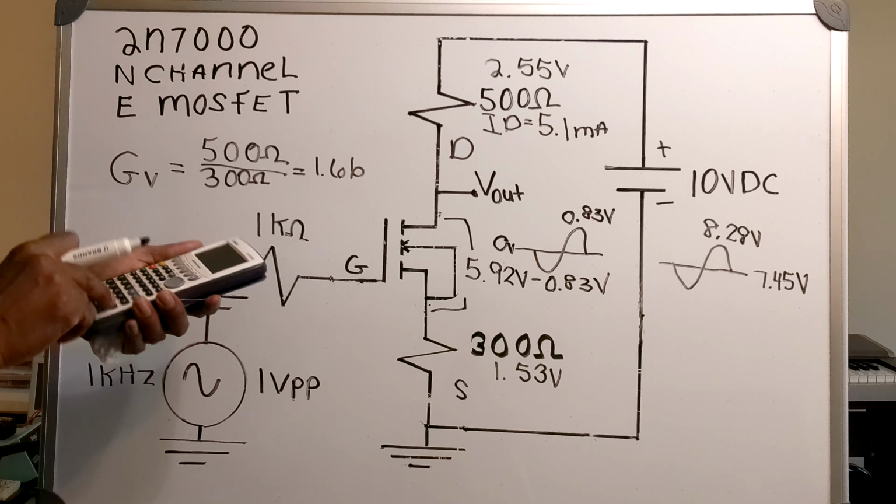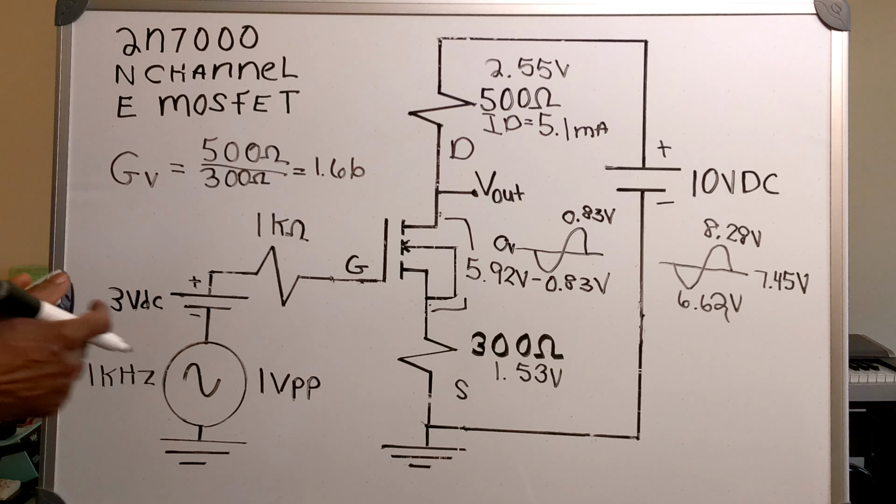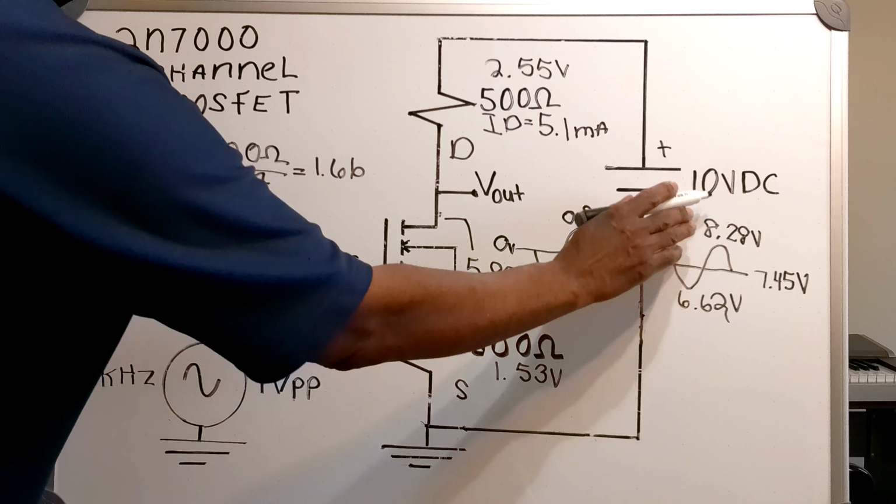At the bottom, I'm going to get 6.62 volts. Now the difference between these two voltages will still be 1.66 volts.